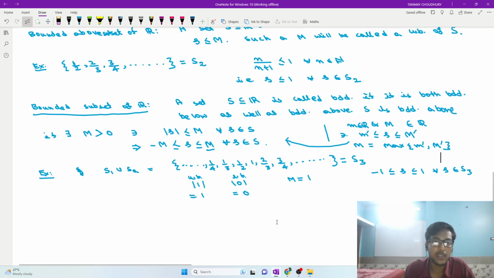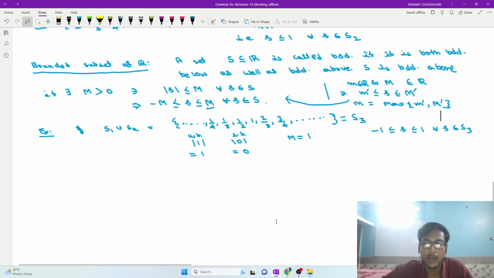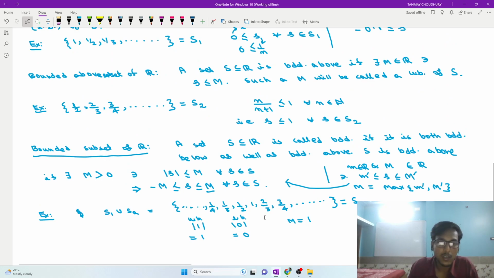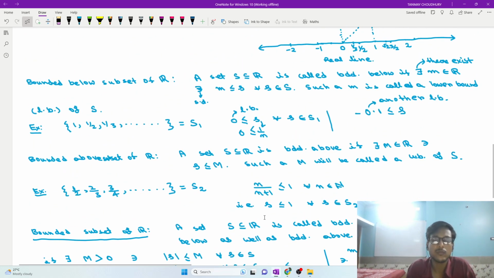So now we have the concept of what is a bounded subset of R. Now we will get into the concept of what is the greatest lower bound and least upper bound. As you can see in this example, the set S1 has a lower bound 0.